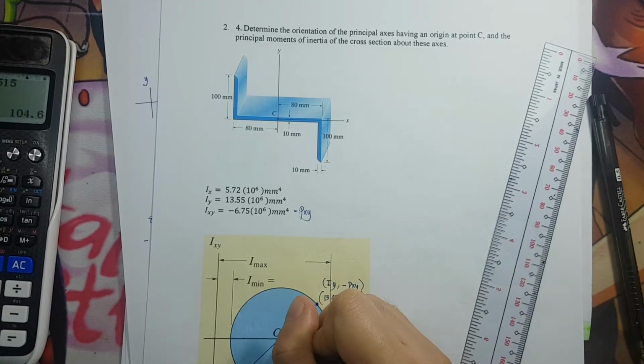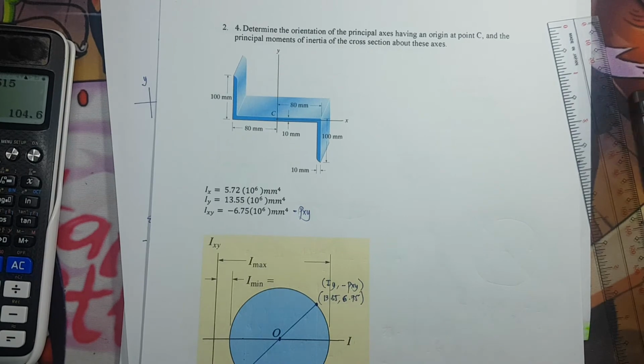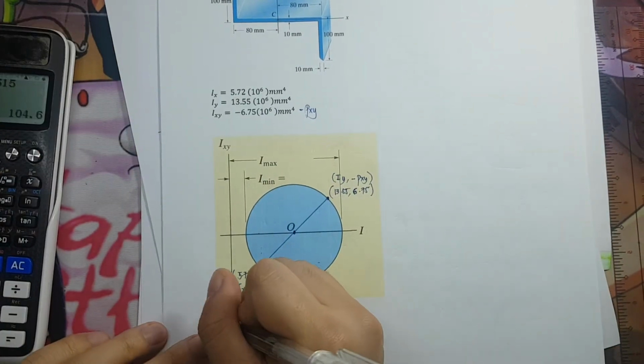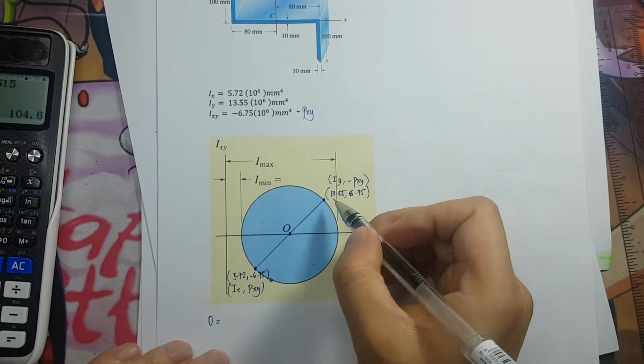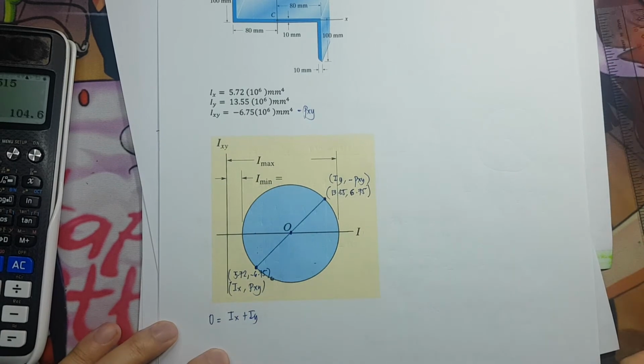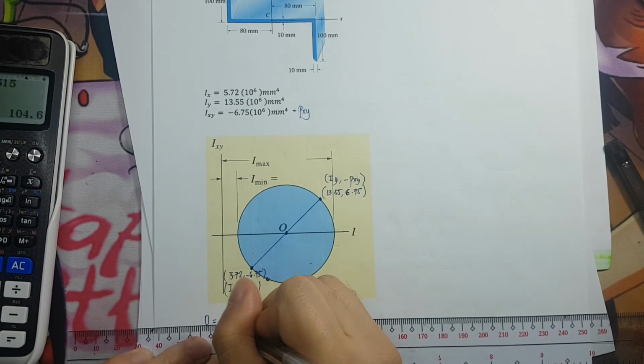And we have here our origin, O. So to determine our O is equivalent to Ix plus Iy divided by 2.